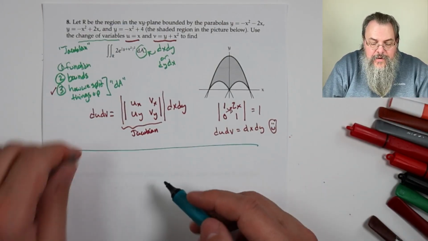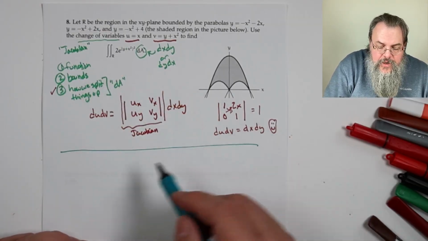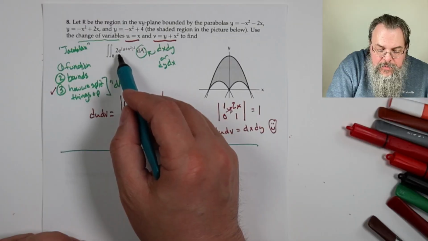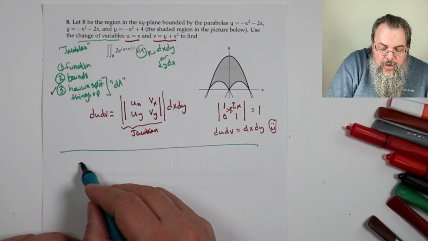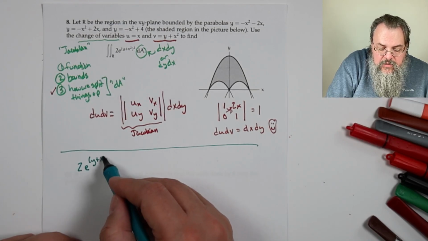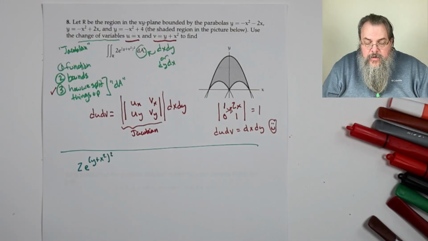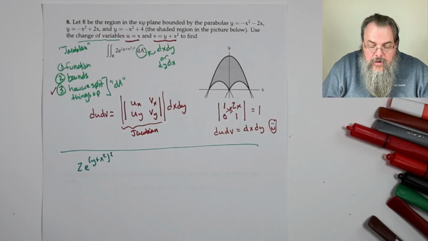So our function, since we don't have to worry about anything being part of our updating how we split things up, is we say, well, we currently have 2e to the (y plus x squared) squared. All right, great. Now, what do we need?